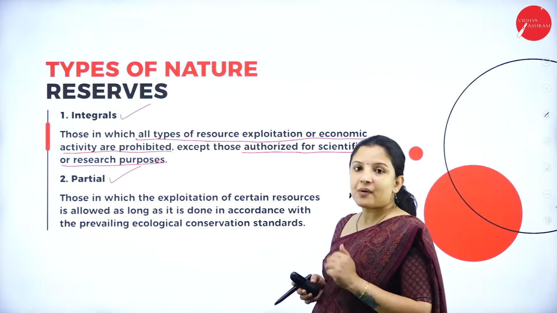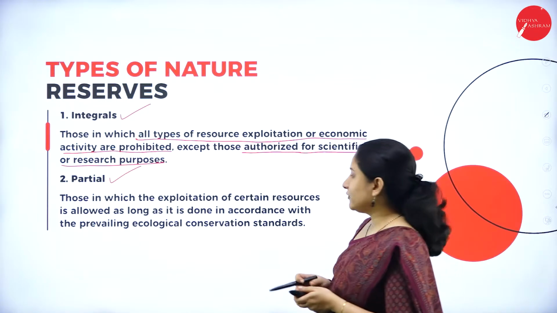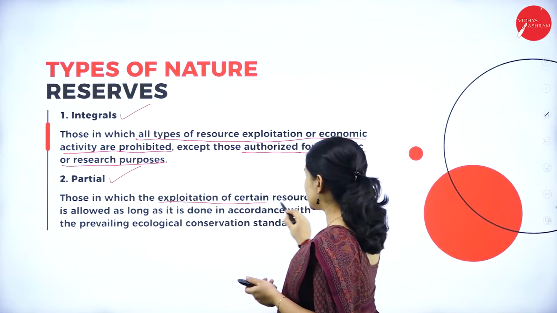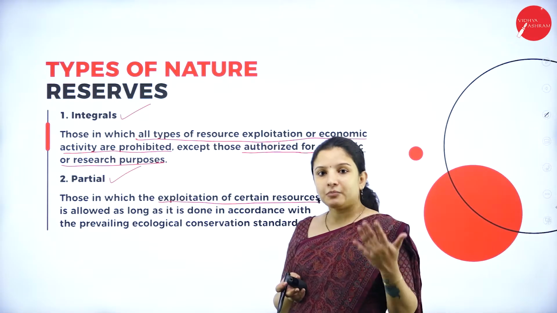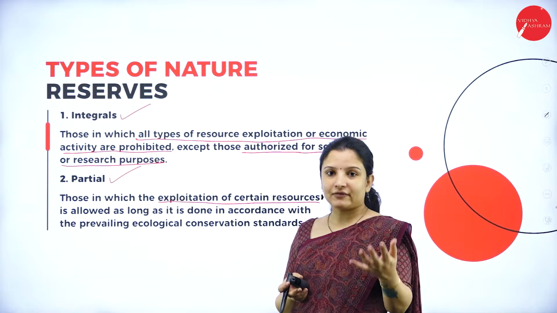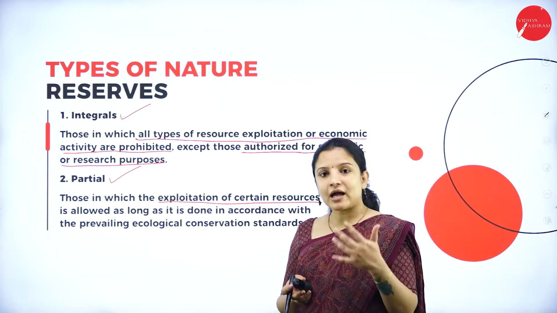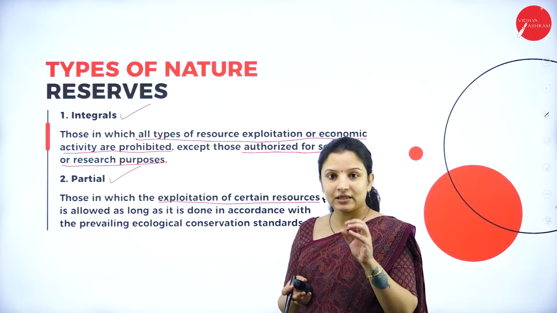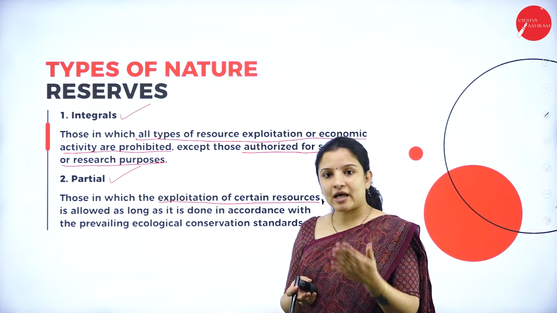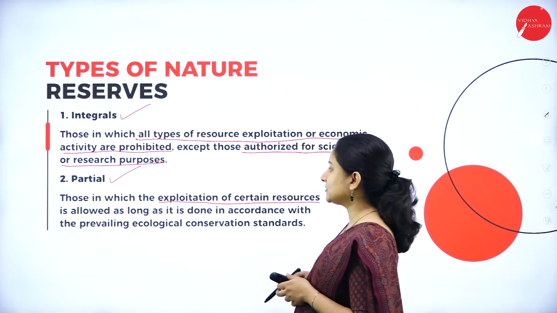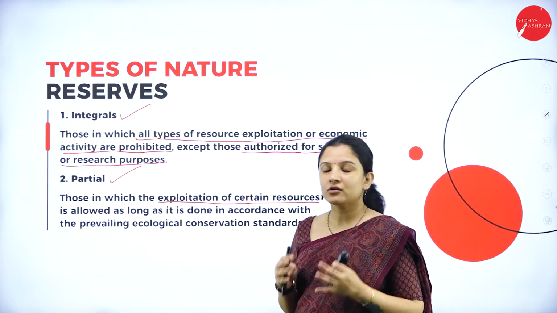Next, talking about the partial nature reserve. Partial nature reserves are those in which exploitation of certain resources is allowed. Say for example, the tribes can make use of the resources available in the forest for manufacturing certain goods. Recreational activities to some extent, within a limit, can be carried out here. Safaris and all that can occur in this particular place. So people are allowed, but that too with great rules and regulations.